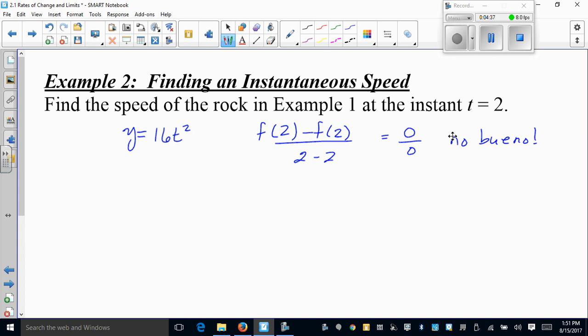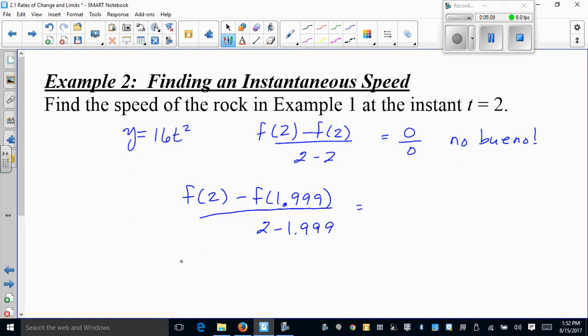So what we need to do is look at something just before we get to 2. You can even do just after we hit 2, but something very, very close to 2, but not 2. In this case, we're going to do f of 2 minus f of 1.999 over 2 minus 1.999.